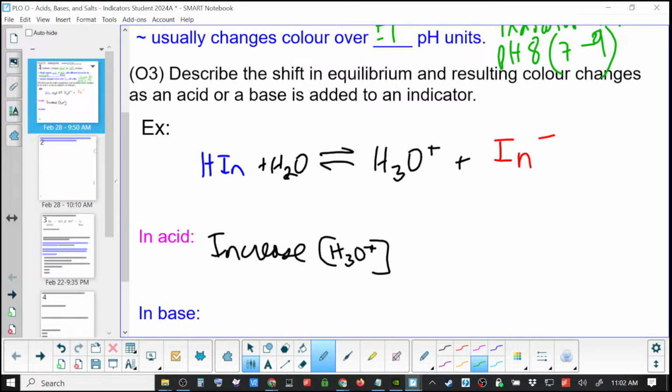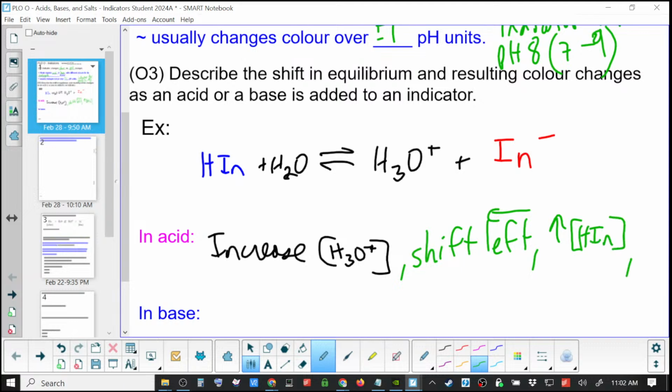If we increase the concentration of H3O plus, what will happen to the equation? Shift left. So we need more blue. So it shifts left, increasing the concentration of HIN, decreasing the concentration of IN minus.